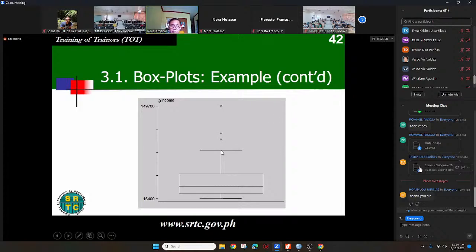This is actually the whisker, it looks like the letter T. If the whisker is longer to the right, skewed to the right. If it's longer to the left, skewed to the left. Rotated clockwise, if longer above, skewed to the right. If longer below, skewed to the left.